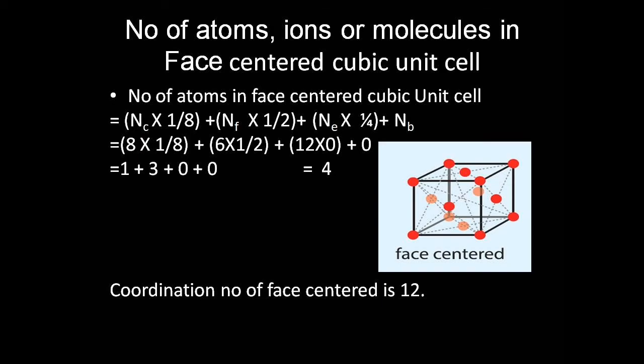So 6 into 1 by 2, and 8 corners, so 8 corners into contribution 1 by 8. So we get, and each edge has no atom, and body also has no atom. So put 0 in the formula. We get the answer. Number of atoms in face center is 4. And coordination number of face center is 12. You get a clear idea about this coordination number in the packing of crystal.